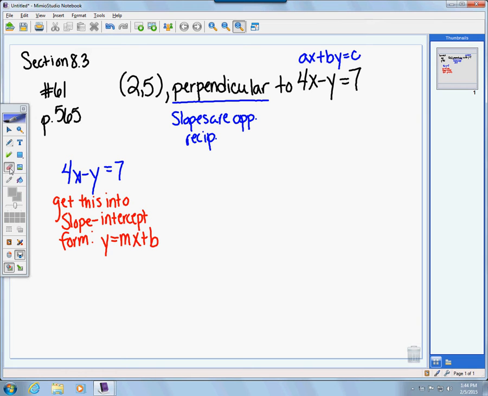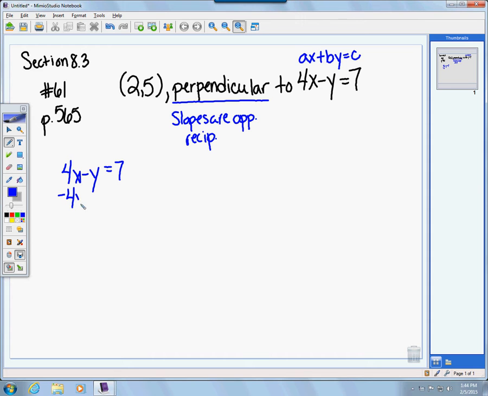Let me clean out the board really quick. All right, so first thing, we want to isolate y, so I'm going to remove a 4x from both sides. We're going to clear it on the left-hand side, so we have negative y equals negative 4x plus 7. Bear in mind that you can't combine 7 and 4x.